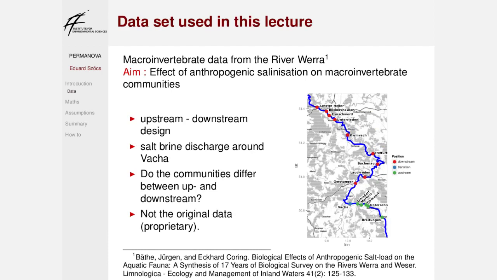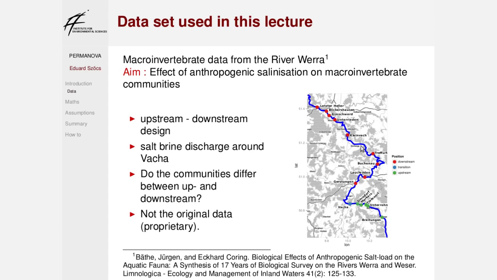On the slides in this lecture I will use a dataset from Germany. It's macroinvertebrate data from the river Werra, and around Wacha we have salt brine discharge, which means that the river is really saline downstream of Wacha, whereas upstream you don't have this salinity as a stressor.